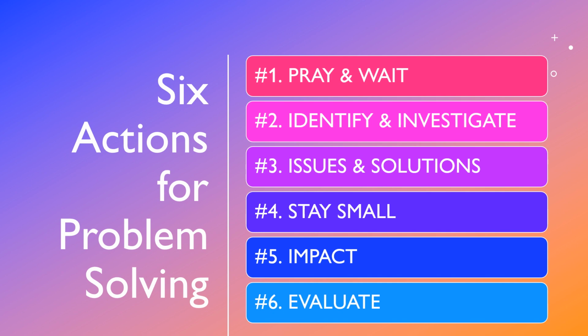Action number 4, address the issue in the smallest and most private manner. Aim to handle the problem in the most private way with the smallest amount of people, ideally one-on-one. Action number 5, consider the impact and consequences.